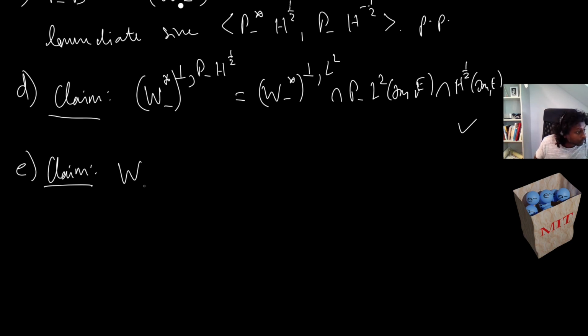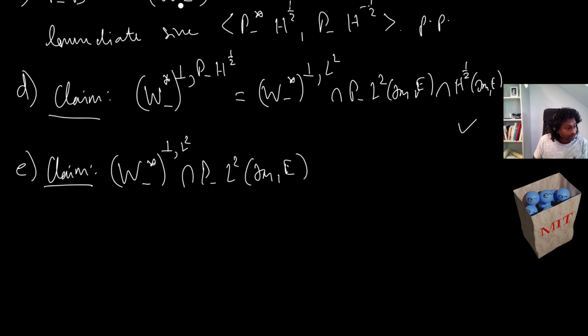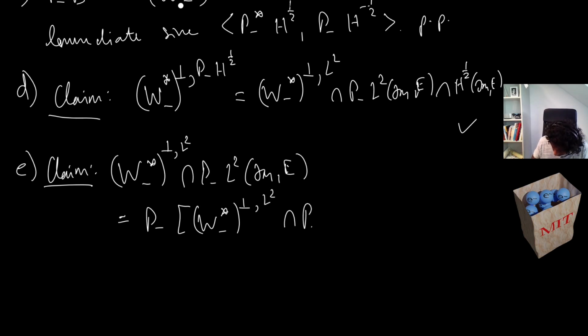So W minus star perp L2 intersect P minus L2 ME. The claim is that this is equal to P minus of taking this annihilator in L2 intersect with P minus star L2 of ME. Okay, so we annihilate in the P minus part, and then we push down with the projector P minus.